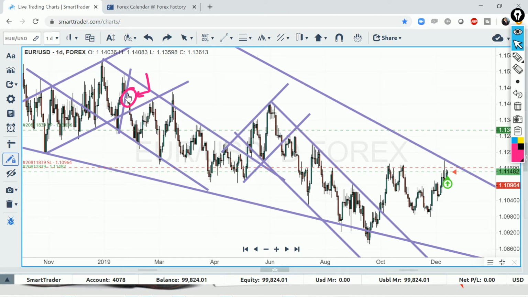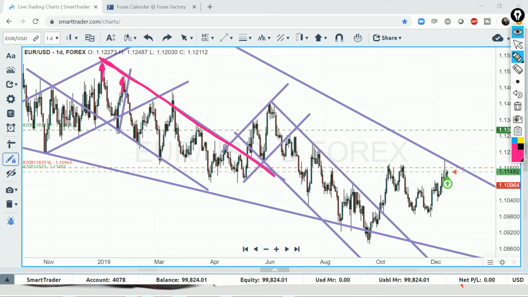And then price moves all the way down to this level. Now, traders, you're going to ask the question, how do I know price is going to move down here? Very importantly, you can see that I've connected this high and that high to draw this downward trend line.